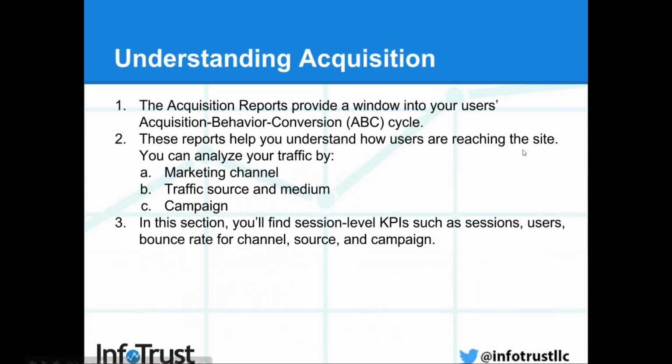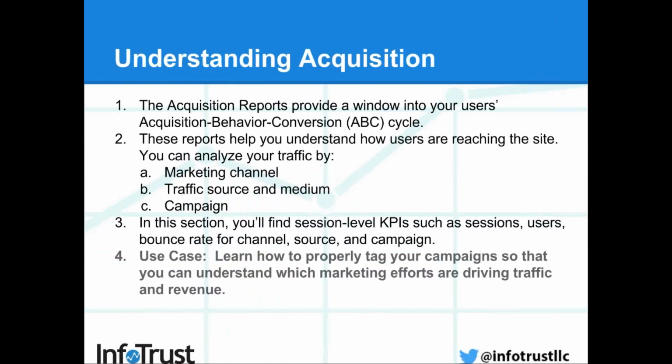In this section, you'll find mostly session-level KPIs, such as sessions, users, and bounce rate, that you'll see broken out by either channel or traffic source or campaign. So the use case for these next slides is going to be focusing on how to properly tag your campaigns so that you can understand the performance of your different digital marketing campaigns.